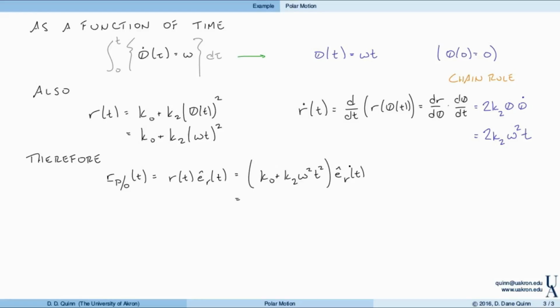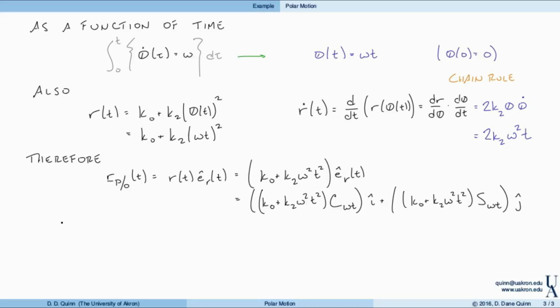So when I take that and introduce it here, we end up with the following. The position is this magnitude, k naught plus k2 omega squared t squared, times cosine of theta, but theta is omega t, in the I direction, plus in the j direction, again the magnitude, k naught plus k2 omega squared t squared, now sine of theta, or sine of omega t, in the j direction.